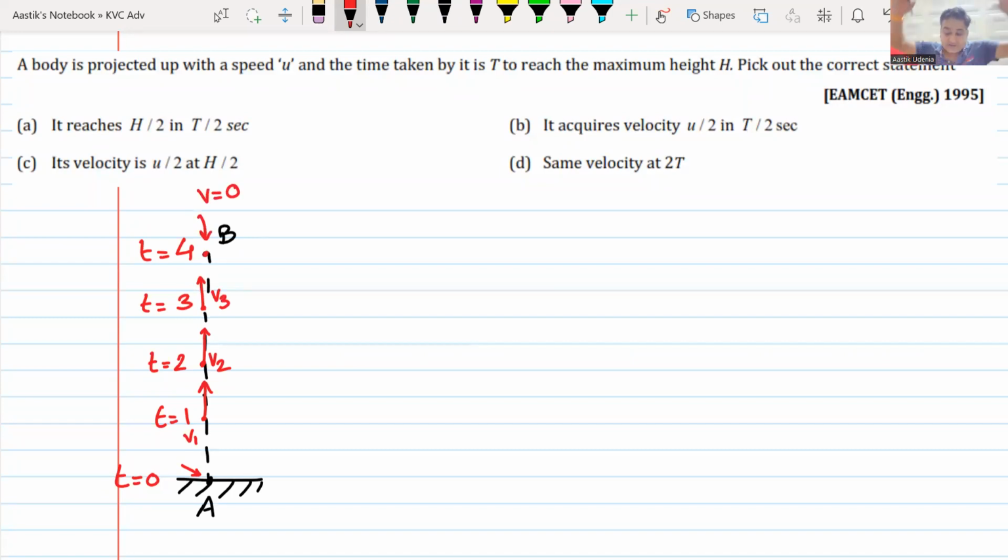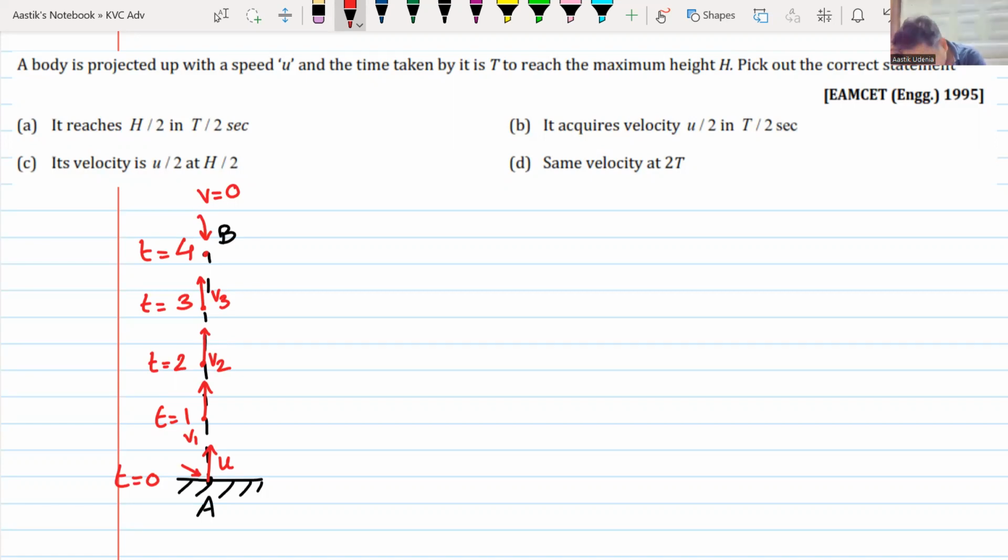The red one is the upward journey. At the lowest point, I have thrown it with an initial velocity u, and it is going up. Do we understand this? Raise hand will give me more confidence.